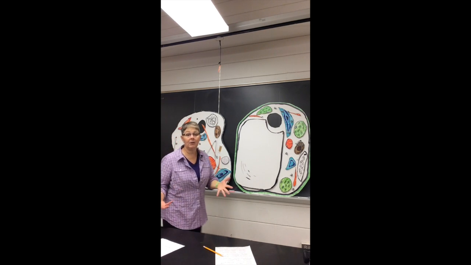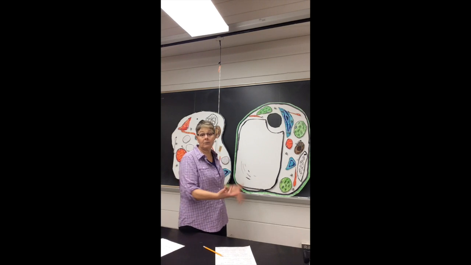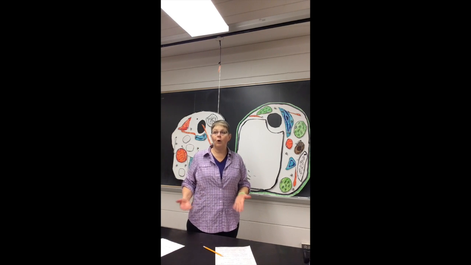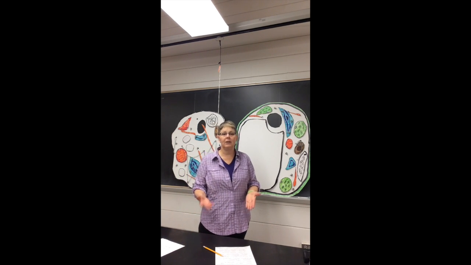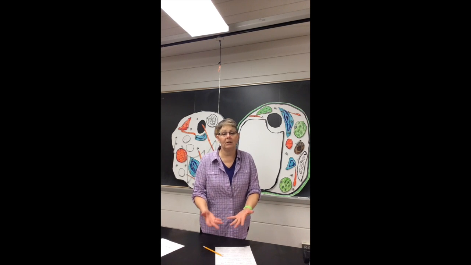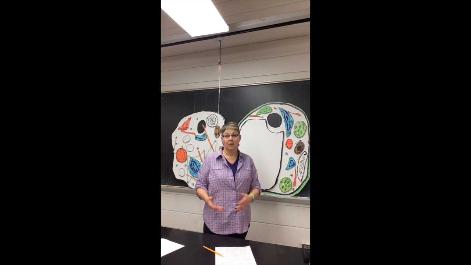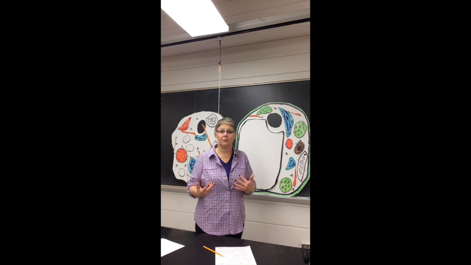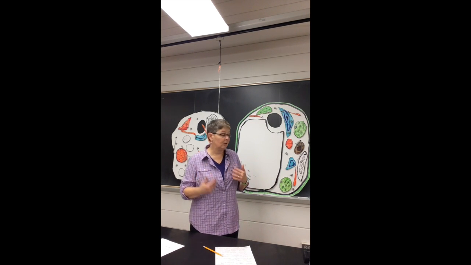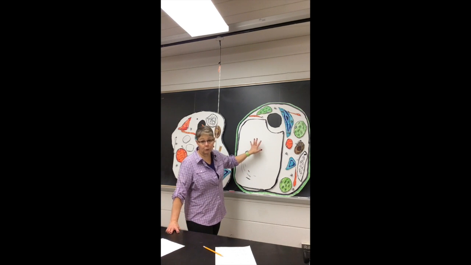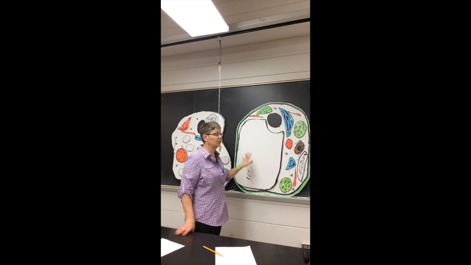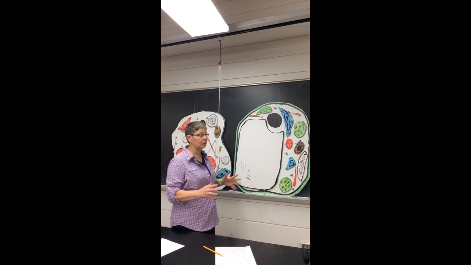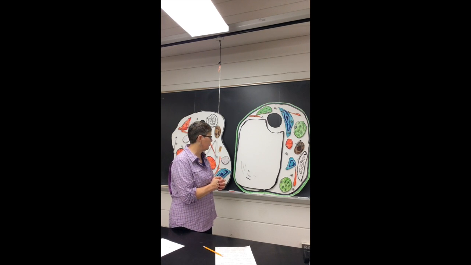Now, we have some animal cells that are very square. In fact, most of the cells that you find in your muscles are relatively rectangular. So depending on where you find your cells, they're going to be different shapes in an animal. That's also true in a plant. But we're going to look at just a model of a plant cell.